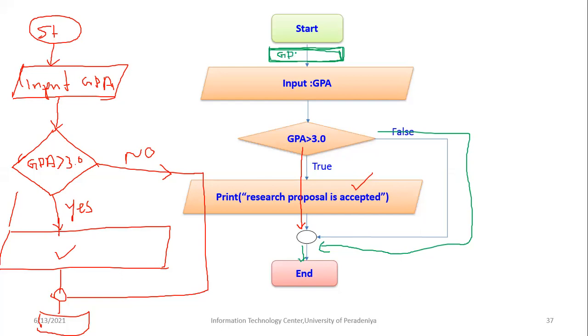I can say GPA, that is initially 0, that is integer or floating point. Have you got it? Yes, sir. That is not essential, but this is the complete algorithm. Because I want to explain basics, that's why I use this algorithm. Now, did you understand this one?